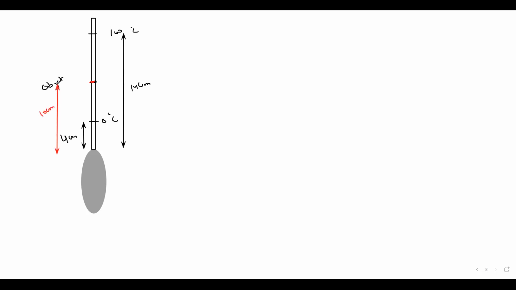The question is, what is the temperature of the object?